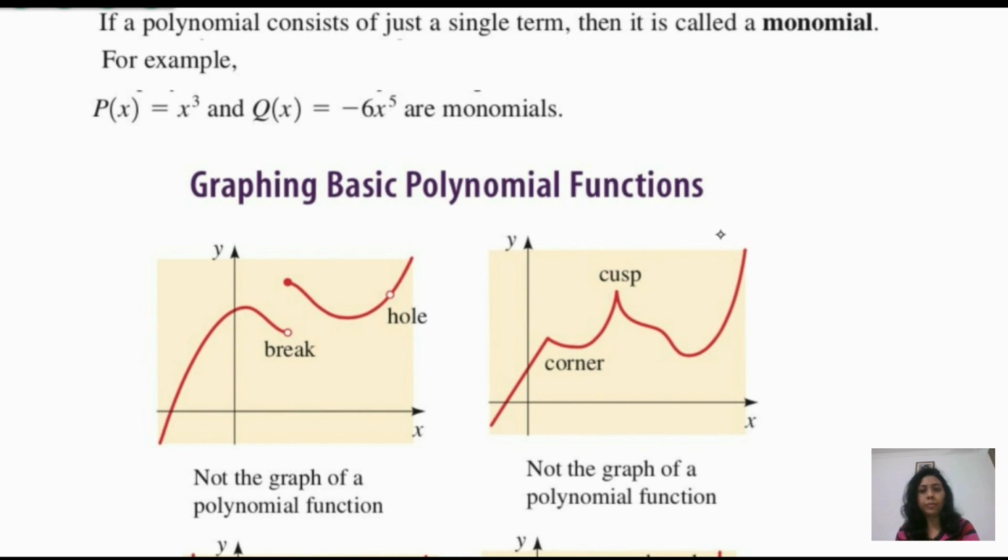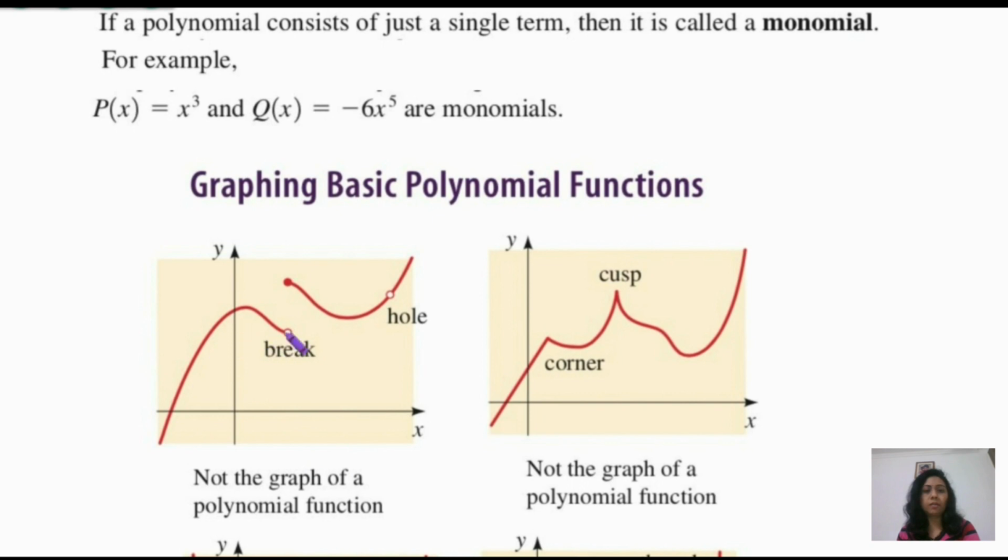However, the graph of a polynomial function is continuous. This means that the graph has no breaks, no holes, and moreover, the graph of a polynomial function is a smooth curve. That is, it has no corners and no sharp points, which are called cusps.